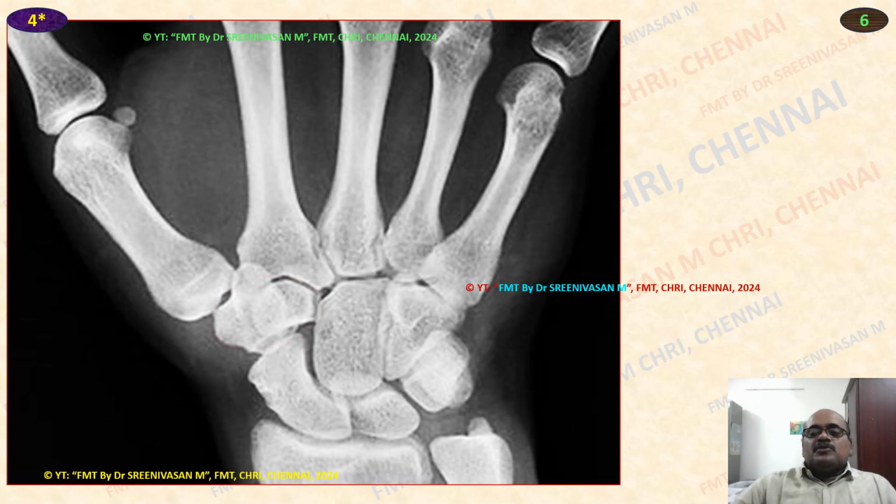In the proximal row, triquetrum and pisiform will be seen overlapping, but this pisiform is seen more medially, an oval shaped shadow superimposing on the somewhat rectangular shadow of triquetrum. Okay, so has the pisiform appeared or not? Below the ulna, more medially, a circular hyperdense shadow we have to look for.